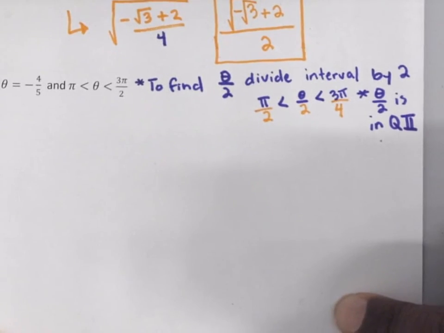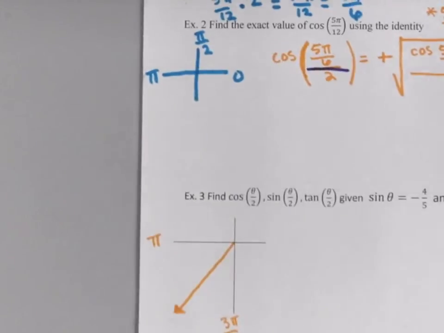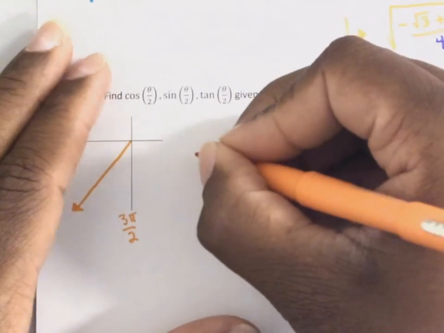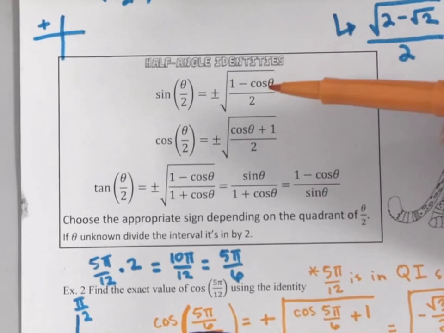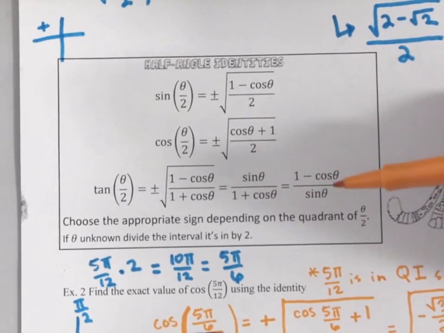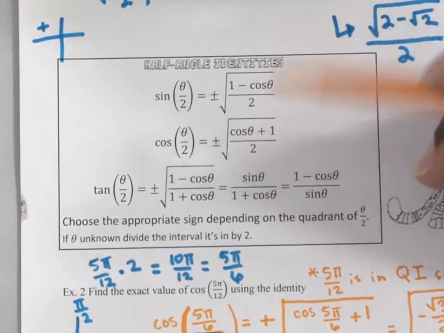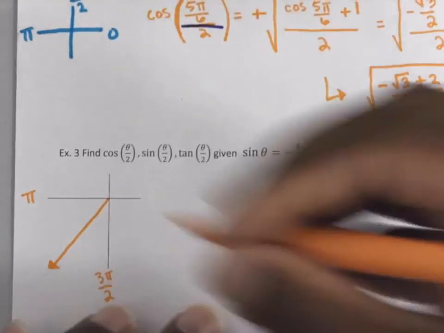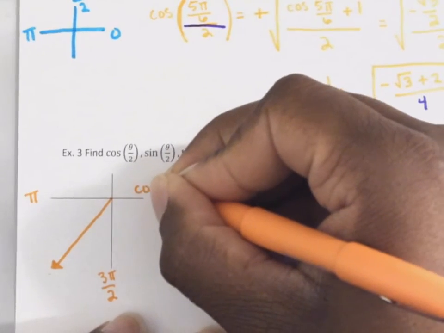All right. So let's do it. Let's do cosine half angle first. If we look at all these formulas, we only need the exact values of what? Cosine and sine. We were given sine. Let's go ahead and write what cosine would be.